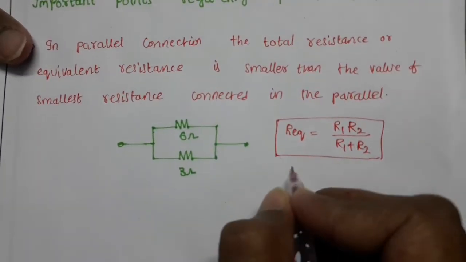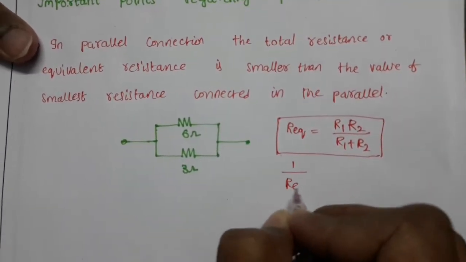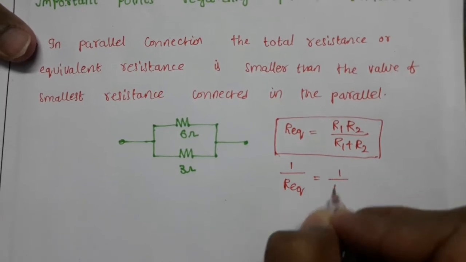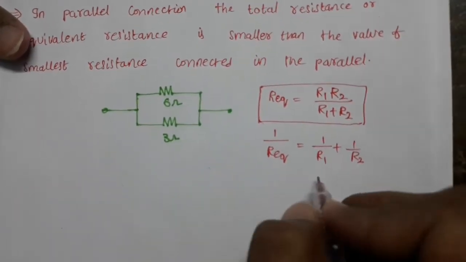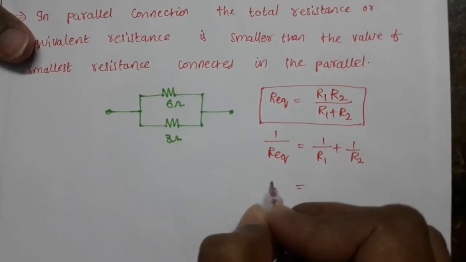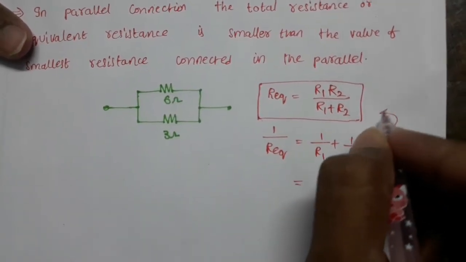This is because we know 1 by R equivalent equals 1 by R1 plus 1 by R2, and by solving this we get this equation.